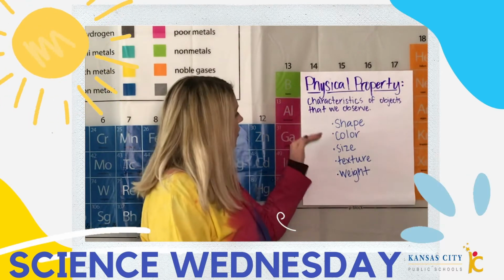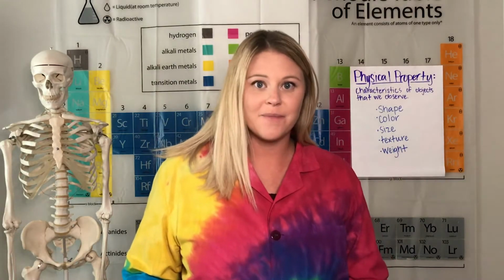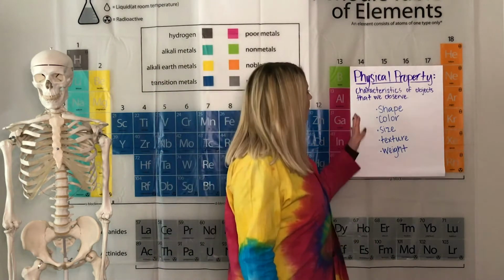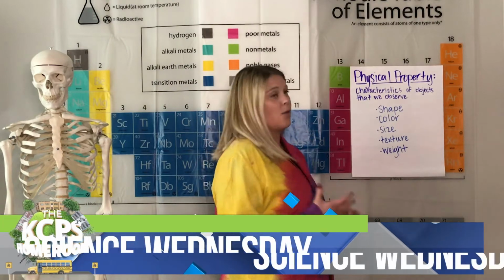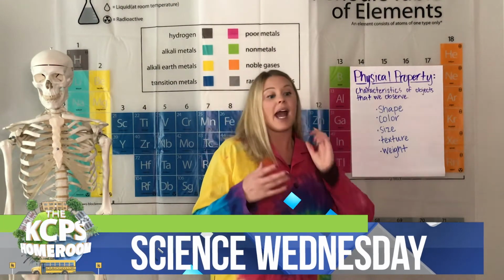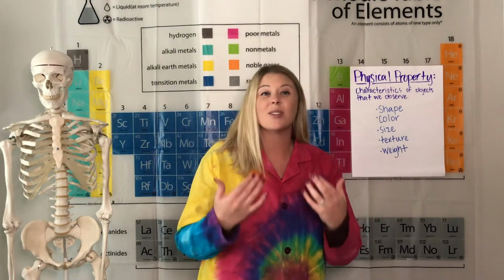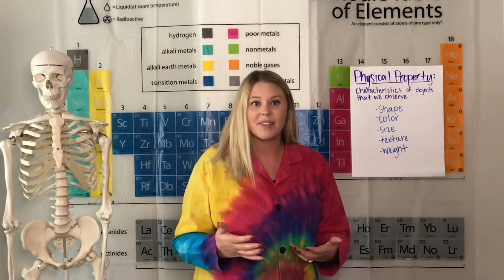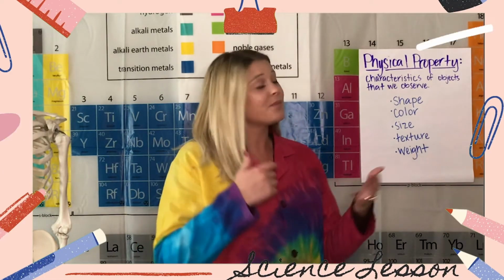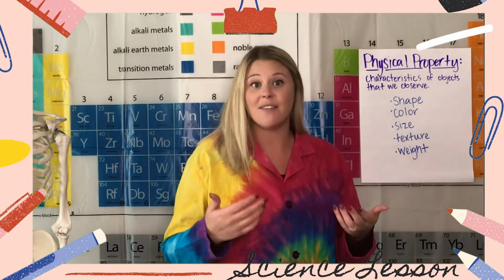So let's go through what those different physical properties look like. A physical property, like we said, is a characteristic of an object that we observe. Anytime we touch something or see something or taste something or smell something or hear something, we're observing. And we can learn about the different properties by using our 5 senses.